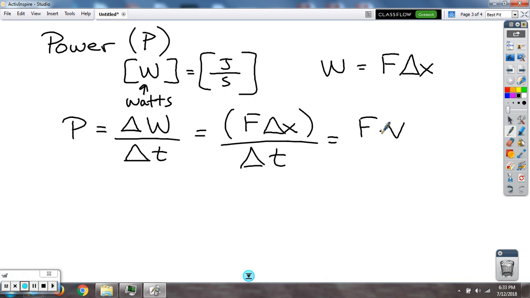Now, F and V are both vectors, and yet power is still a scalar. When we start talking about vectors in the first couple weeks, you'll learn that this special form of multiplication is called a dot product or a scalar product.